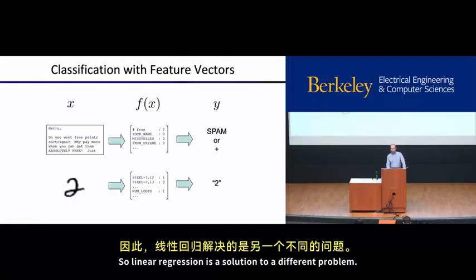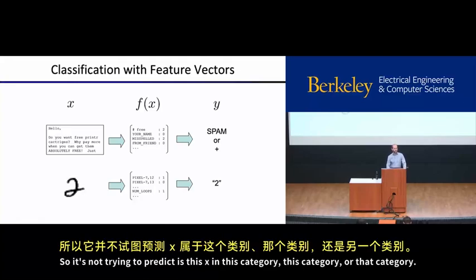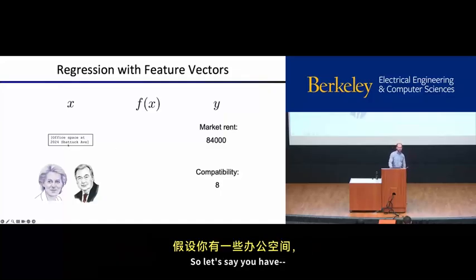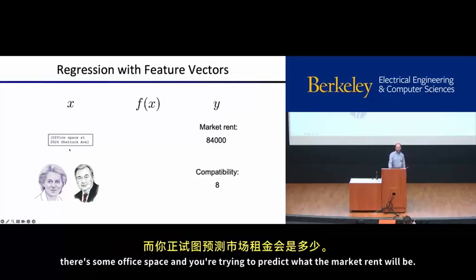So linear regression is a solution to a different problem. It's not trying to predict, is this x in this category or that category. For linear regression, you're trying to predict a numerical value. So let's say there's some office space, and you're trying to predict what the market rent will be.